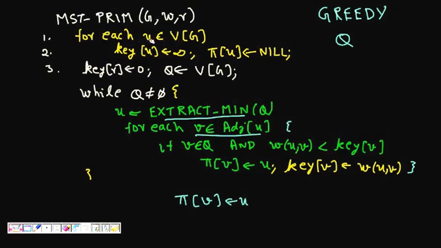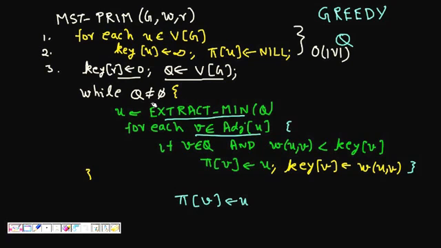So this line, for each u belonging to V of G, is the initialization part. It can be done in O of mod V time, because we have V vertices, so we assign key of that, and parent of that to be nil. Then key of r is 0, which can be done in constant time.